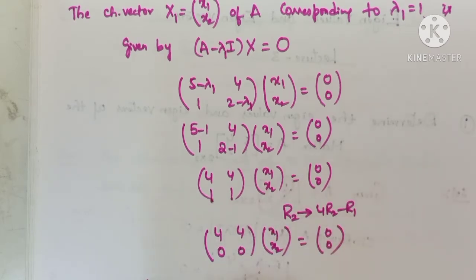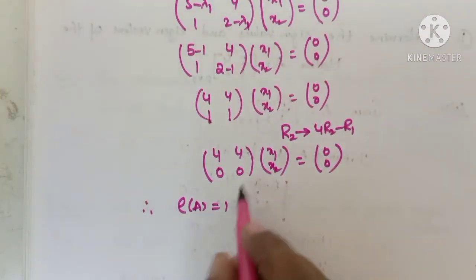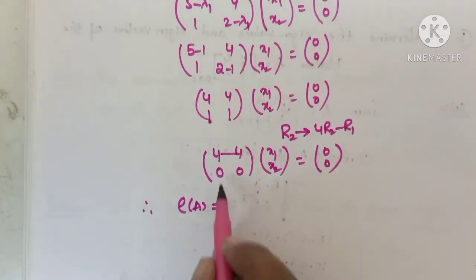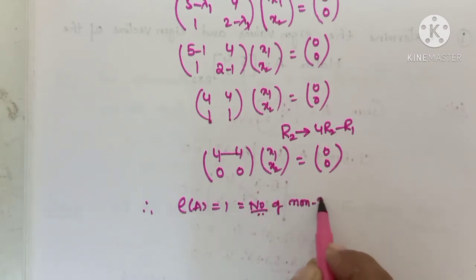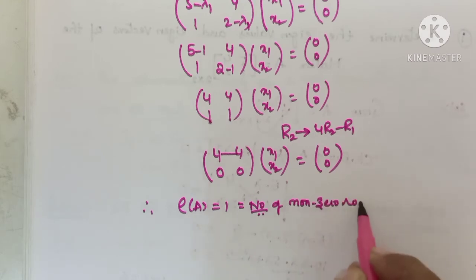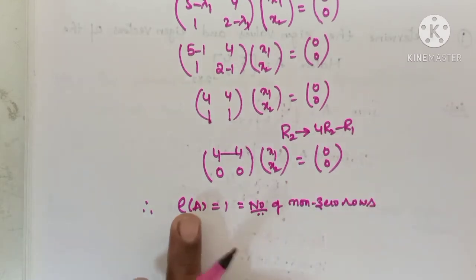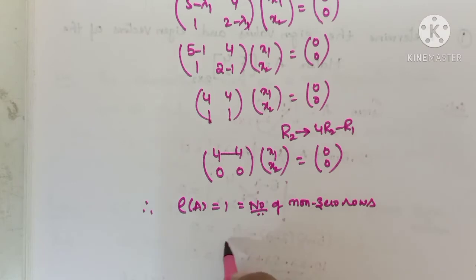Therefore, the rank of this coefficient matrix is 1 because by echelon form it has only one non-zero row. This is a zero row. Number of non-zero rows, only 1. Therefore, r is equal to 1.